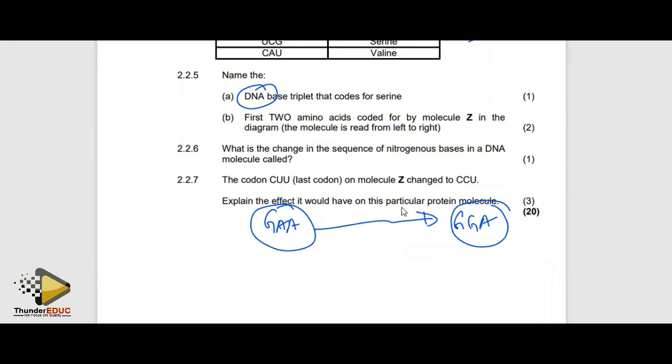It's like having two names: I call you with the first name, you say yes, sir. I call you with the second name, still you say yes, sir. But if I call you with a different name, you won't say yes, sir, because you're a different person. So if this codes for the same amino acid as this, the protein will remain the same. But if this codes for a different amino acid from this, then the protein will change.